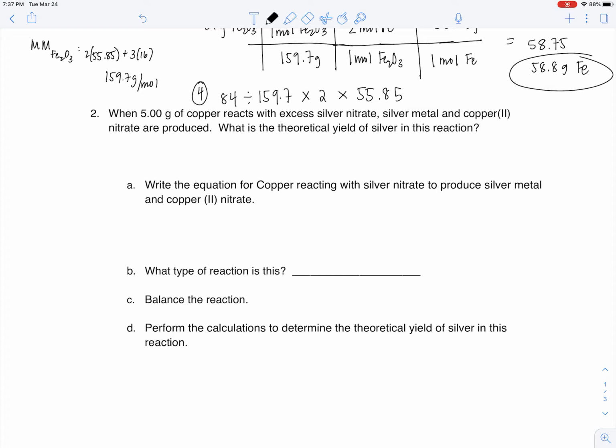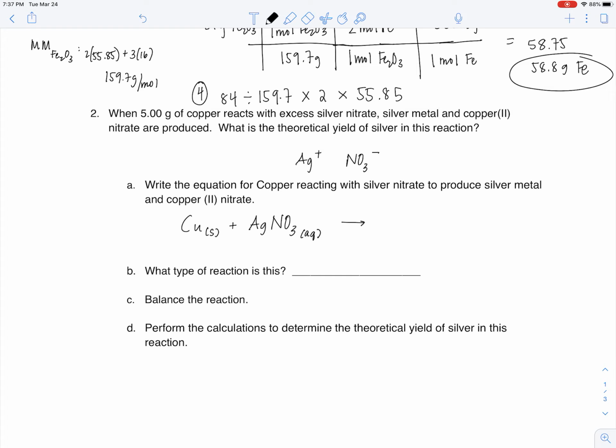Okay, so we have copper metal plus silver nitrate, which is aqueous. Silver has a +1 charge always; it's one of those 3 transition metals that has a consistent charge, and nitrate is NO3 minus. Because those 2 ions have the same magnitude of charge, they can just go together.